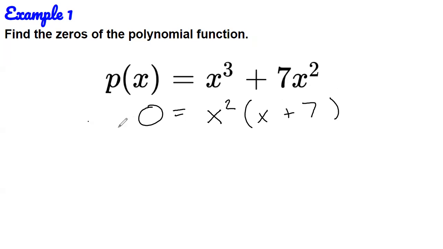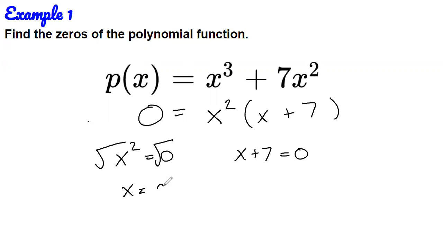Now, this entire polynomial is equal to 0, which means that this term is going to be equal to 0, and this factor is going to be equal to 0. So we have x to the power of 2 equals 0, and we have x plus 7 equals 0. Now, in this case, I know that the inverse of squaring is the square root.